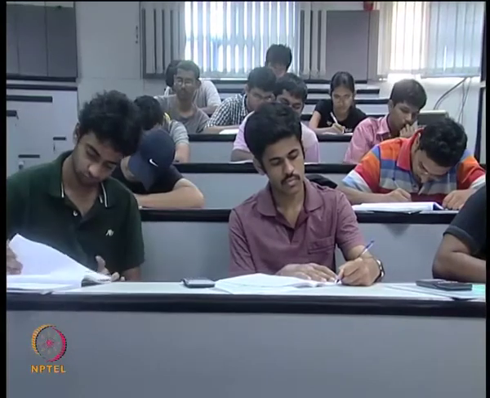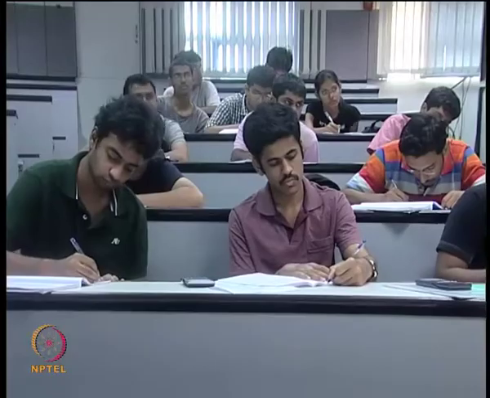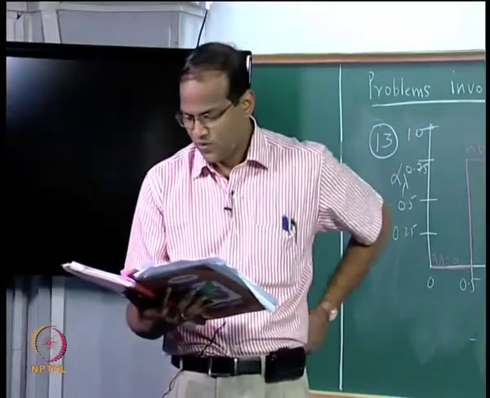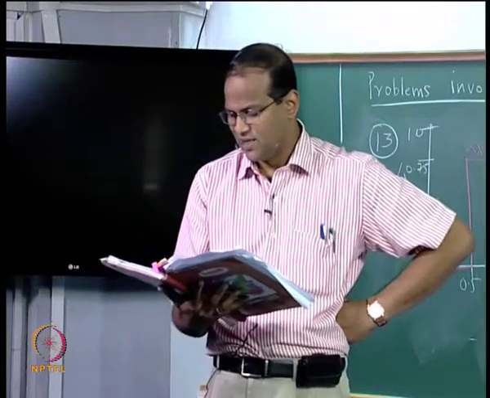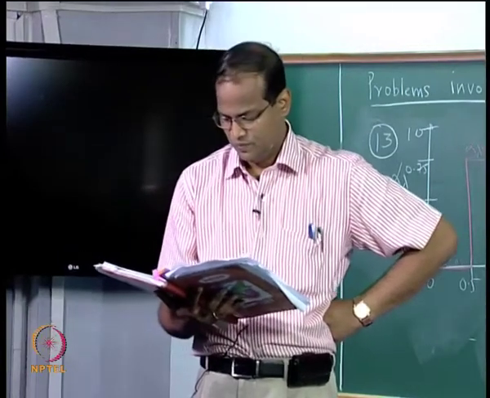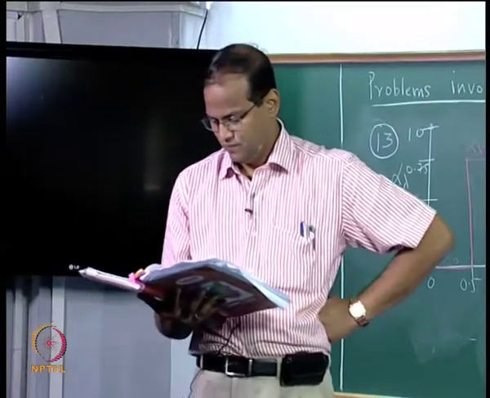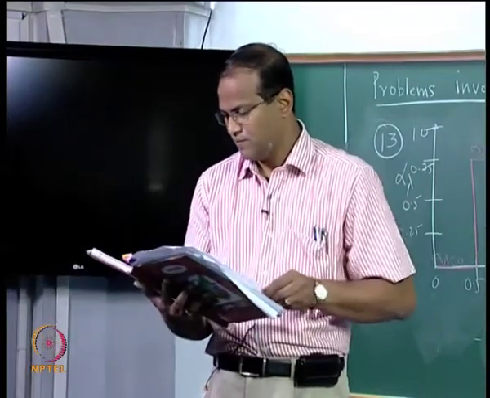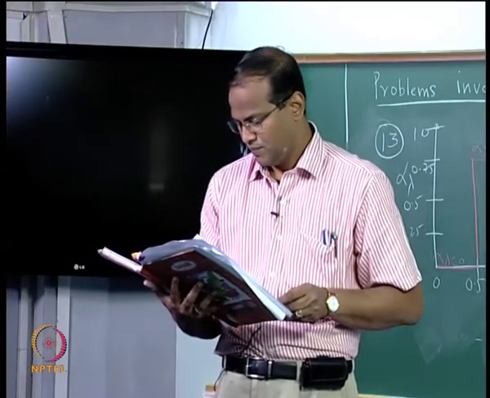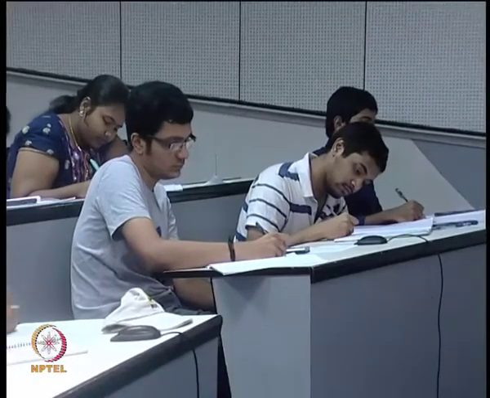Solar flux of 950 watts per meter square is incident on the top surface of a plate whose solar absorptivity is 0.9 and emissivity equal to 0.1.